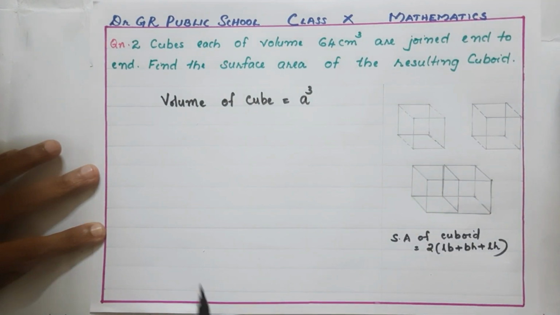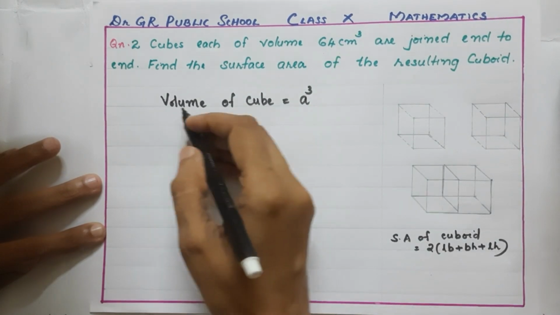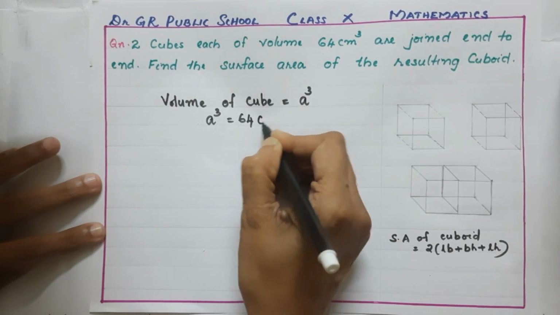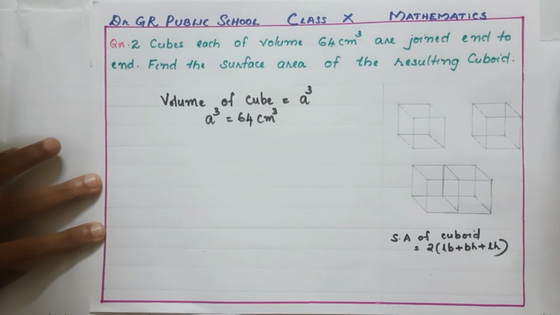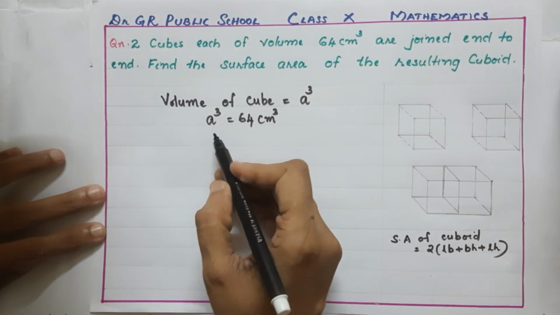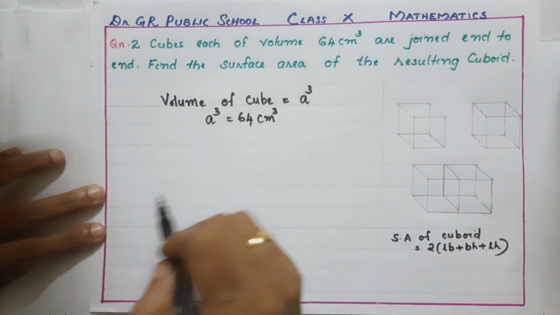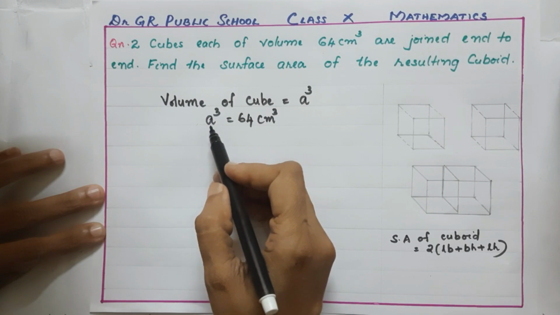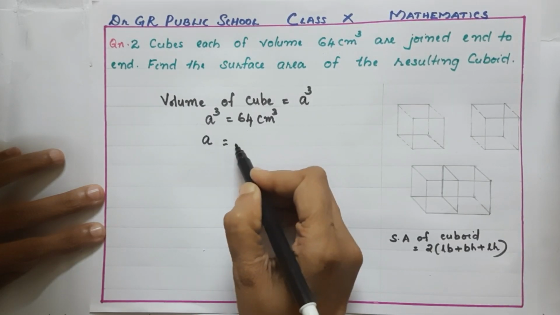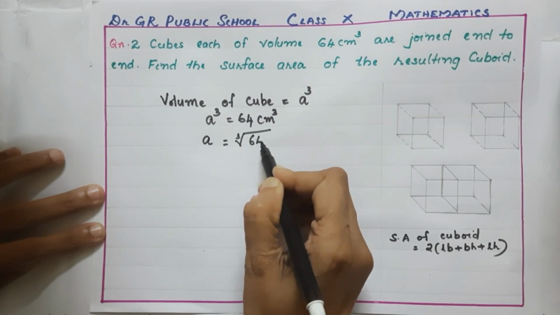A cube is given as 64 centimeter cube. So how will you get a from this? Yes, we have to take the cube root on both sides. When we take the cube root of a cube, we will get a.